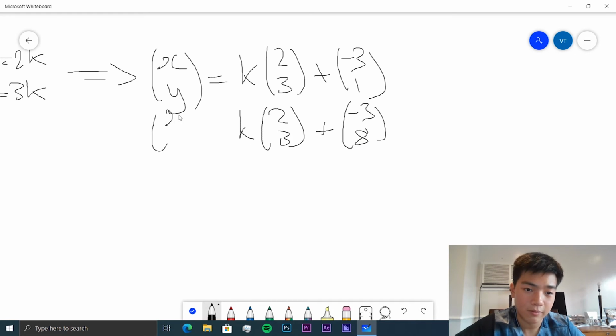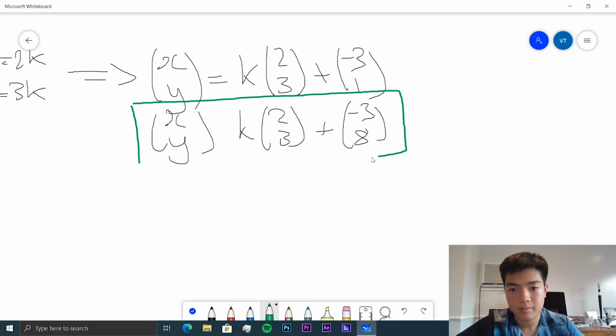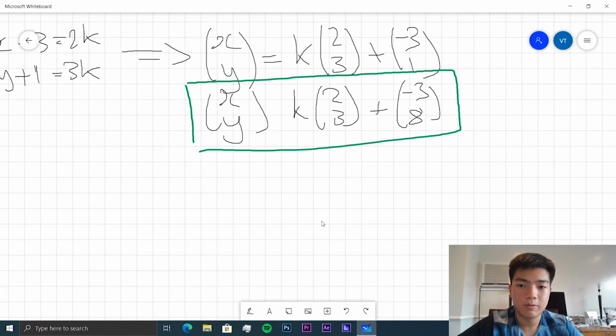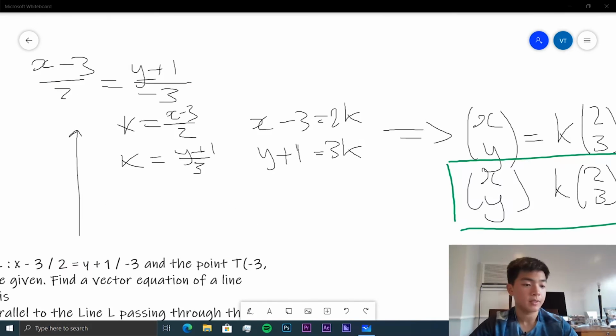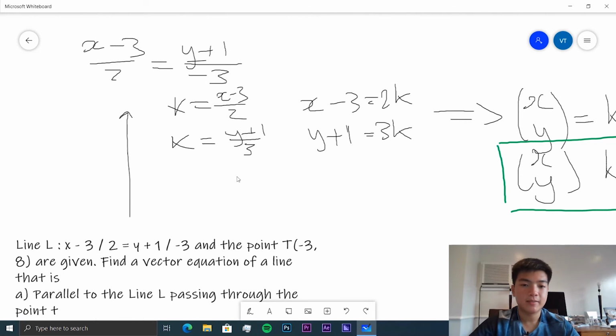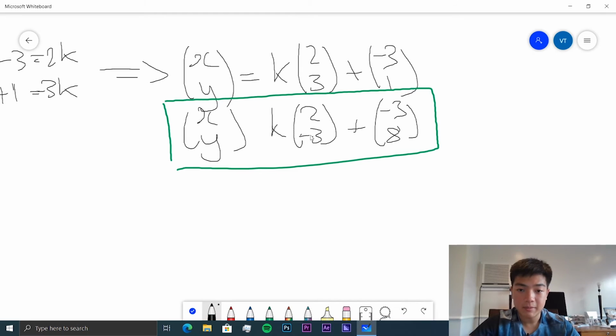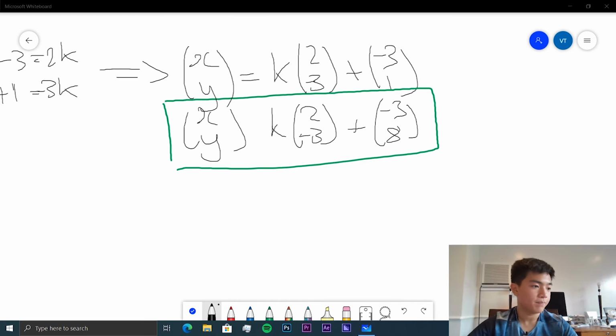So we would just change the point on the line from (3, -1) to (-3, 8). Sorry about that, I just didn't transfer the minus sign over. That's why I was getting a little bit of a mistake. Anyways, we have k times (2, 3). And the book gives a different answer, but since the direction of the vector is the same, it's all good.